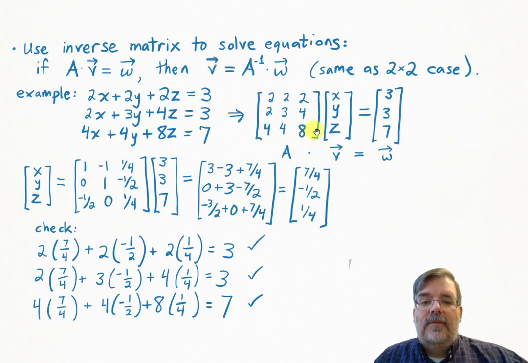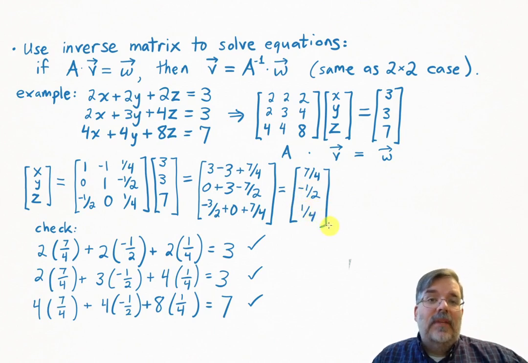So, to solve for V, to solve for these variables, we can calculate A inverse times the vector W. So at this point, we need to do a matrix vector product. And when we calculate that, we'll see that x equals 7/4, y equals -1/2, and z equals 1/4.